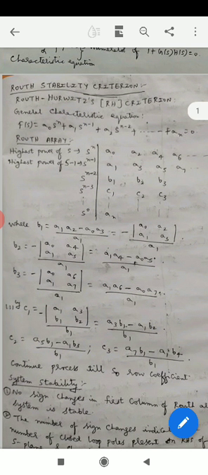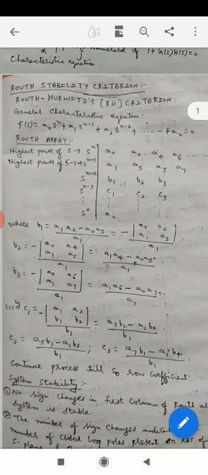This is the first row. So always you take the highest power coefficient first, then the highest power minus 2, so you get a2, then a4, then a6.